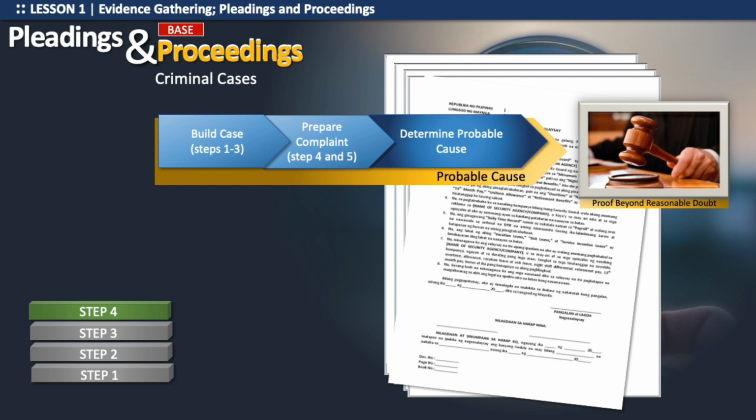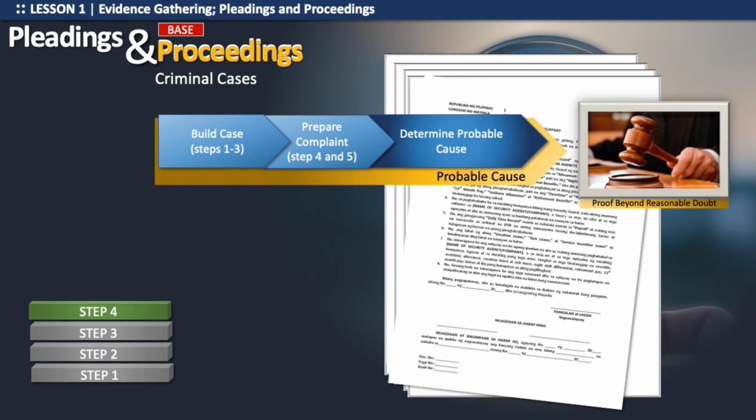Okay, an important point of mention is there's a big disparity between the foundational quantum of probable cause and the quantum for proving the case. Okay, there's a huge disparity. Proof beyond reasonable doubt is the highest quantum, the most difficult to prove, because you're trying to get the judge to reach this moral certainty.